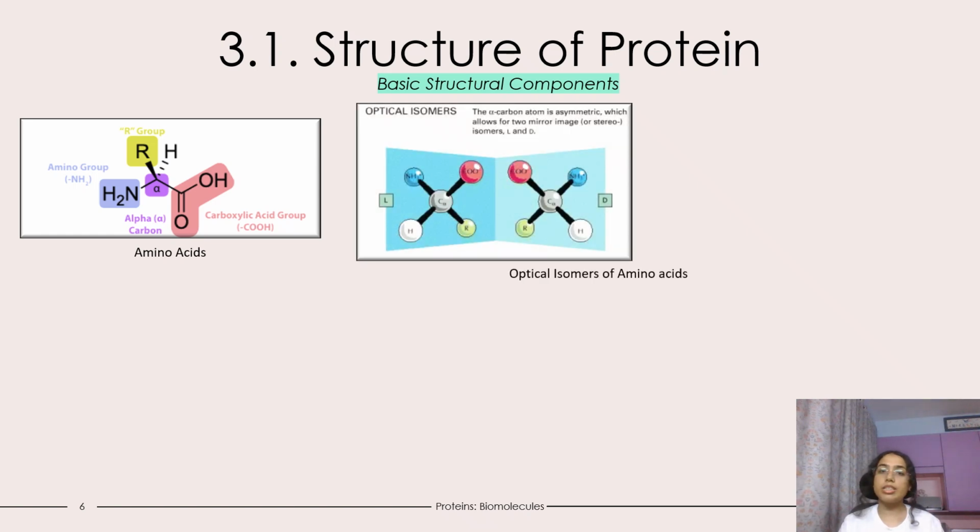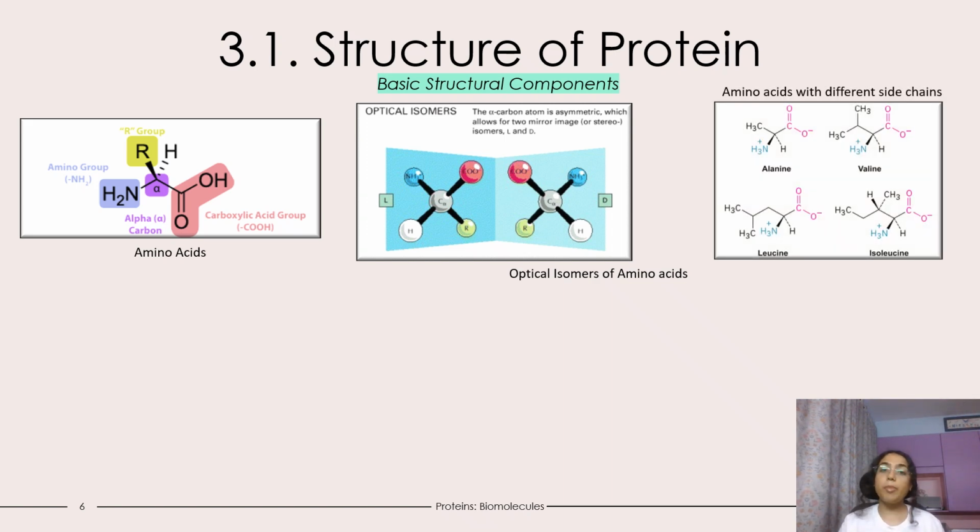The alpha carbon is a central feature. It is typically chiral in nature. This chirality results in two stereoisomers for each amino acid, but only the L isomer is naturally incorporated into proteins. Each amino acid side chain, that is the R group, determines its chemical traits, allowing classification by size, charge, polarity, and impact on folding.